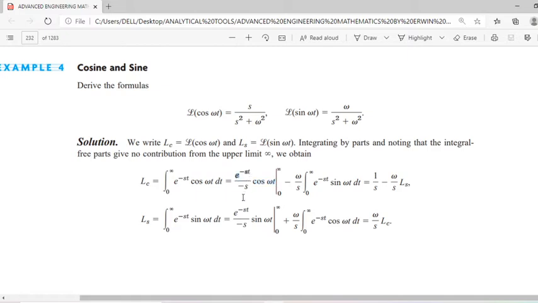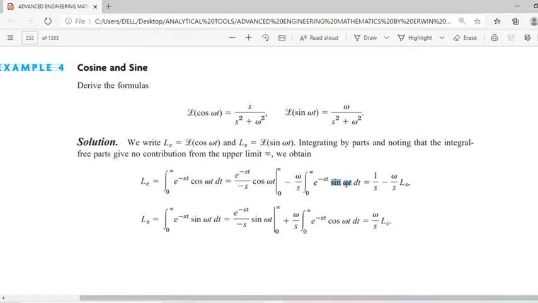e raised to minus st by minus s from 0 to infinity, minus integral 0 to infinity derivative of first function. The derivative of cos omega t is minus sin omega t, and one omega comes there because of the function of function rule.